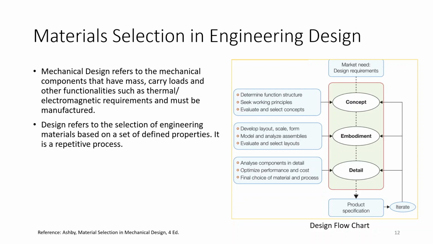In that case you develop a layout, scale and form, model and analyze assemblies and evaluate and select layouts. Then you go to the detailing. In this case you analyze components in detail, optimize performance and cost, and then the final choice of material and process is made. Then it is sent to the product specification.